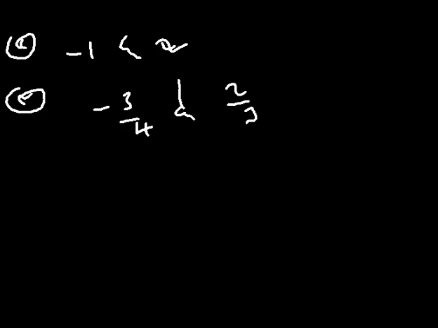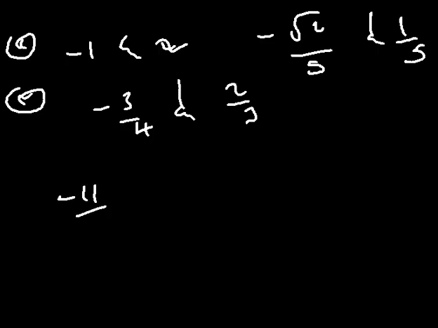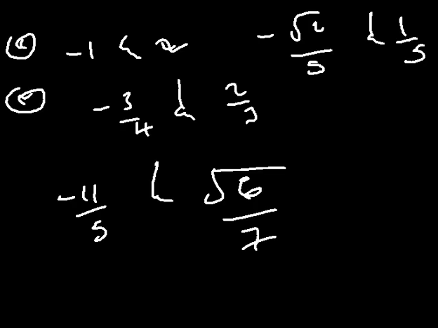So try to have that one. And what if we have negative square root of 2/5 and 1/5, how should we have that one? And what if we have negative 11/5 and the square root of 6/7. So try to have that one.